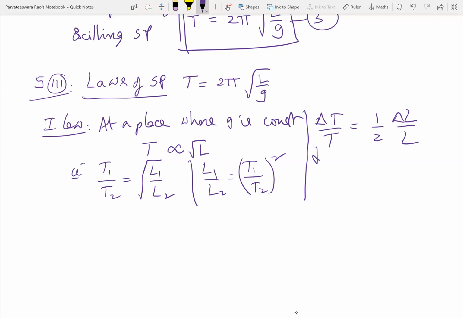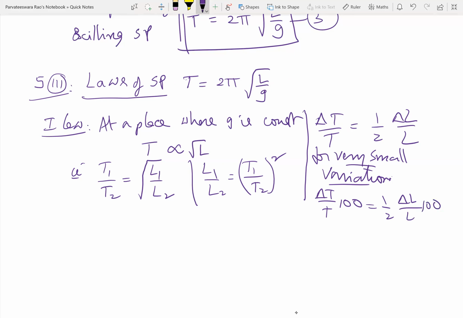So for very small variations, problems will come on these. The percentage increase or decrease in time period is half the percentage increase or decrease of the length. For considerable variations, this is the formula to be used.